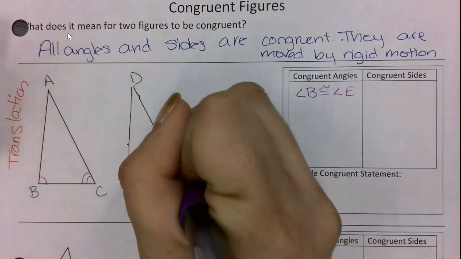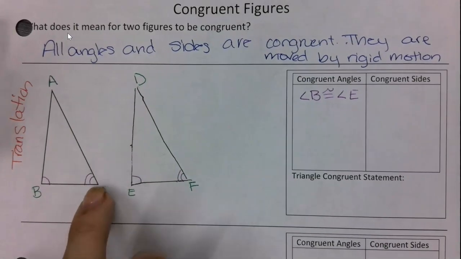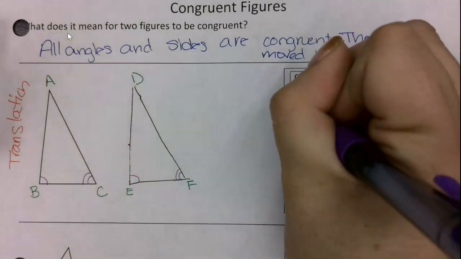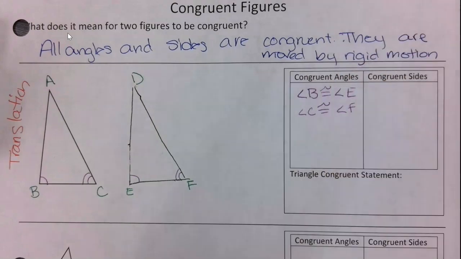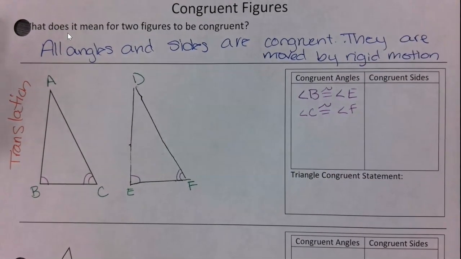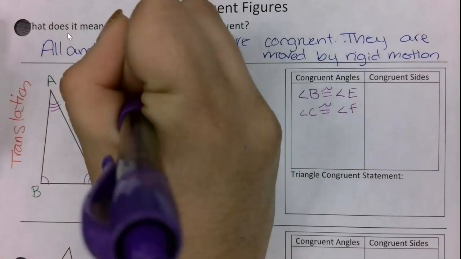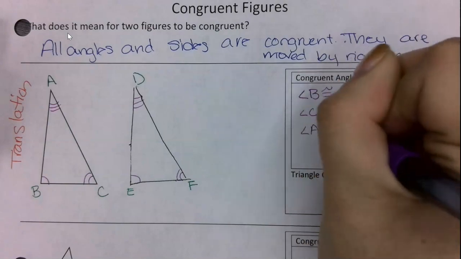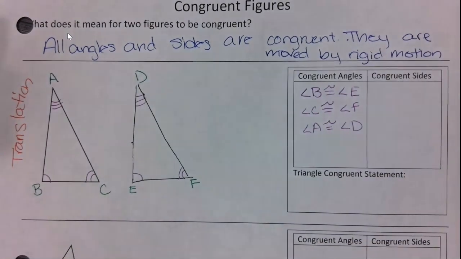So when I use the notation to show angles are congruent, I've used more than one line to say that these two are congruent, but they're not the same as the original one I did. Okay, any other congruent angles?